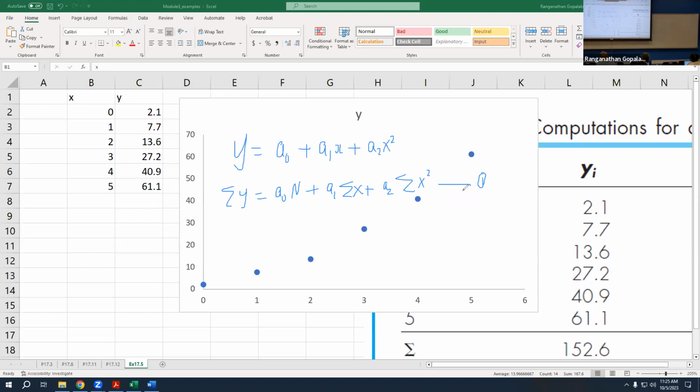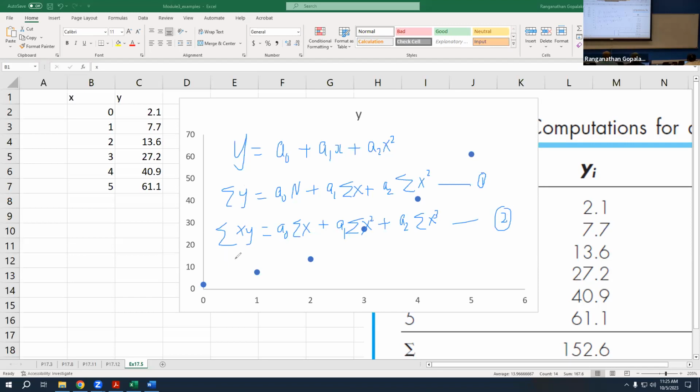Okay. How will you generate a second equation? You would multiply by x: sigma xy equals a0 times sigma x plus a1 times sigma x squared plus a2 times sigma x cubed. That is the second equation.